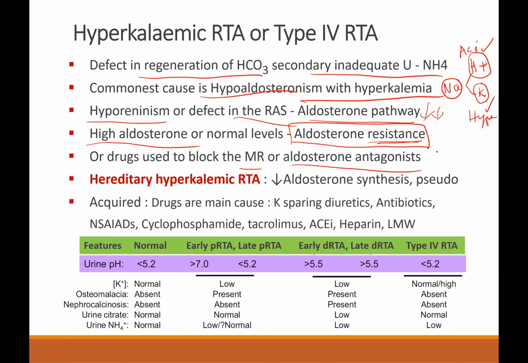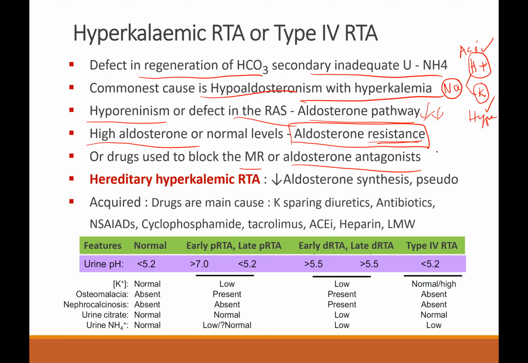or aldosterone deficiency occurring due to diseases of the adrenal gland, or the aldosterone is normal but the receptor is not responding, which is called aldosterone resistance. Sometimes we use drugs also to block the aldosterone.